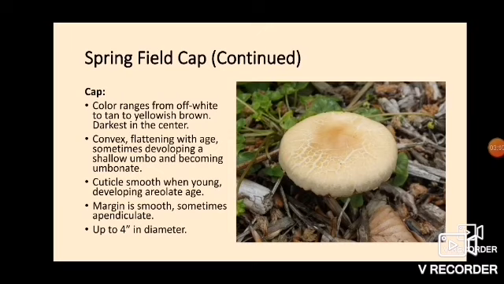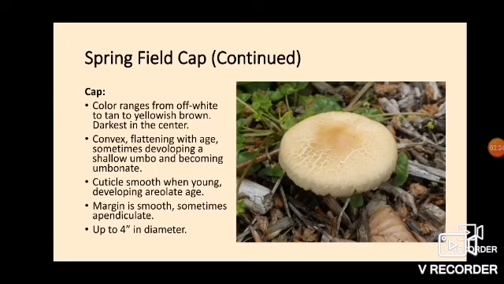When I say appendiculate, if you refer back to the terminology presentation, you'll remember that appendiculate is where you have fragments that have been left over and are hanging down from the cap margin. And these are left over from the partial veil, which would have covered the gills when they were young.